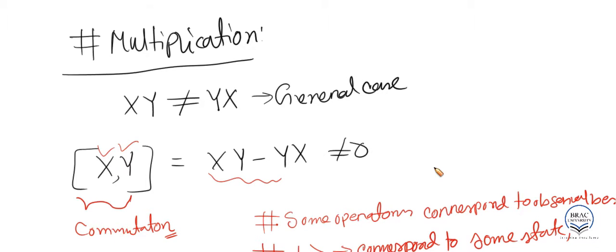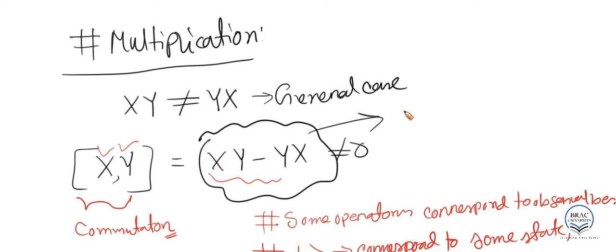But when you add these commutators or anti-commutators, you are also giving that vector space an extra structure. In fact, a vector space with this antisymmetric product, this is called an antisymmetric product.